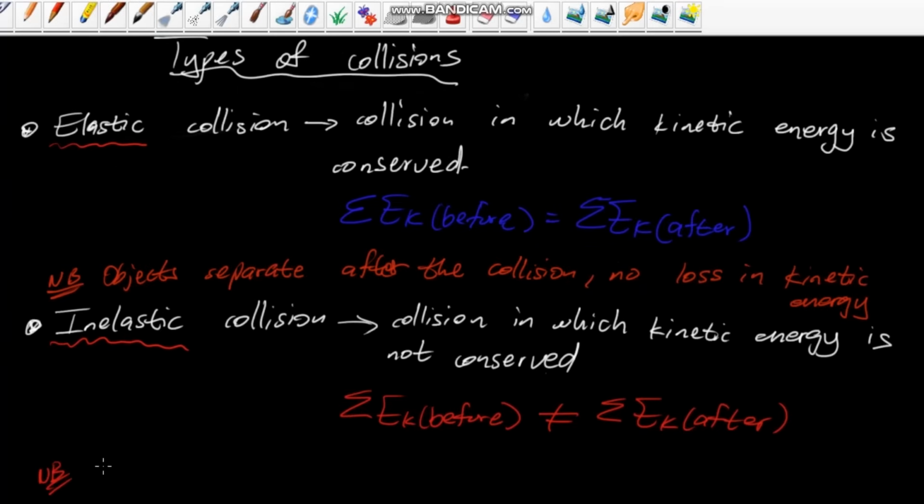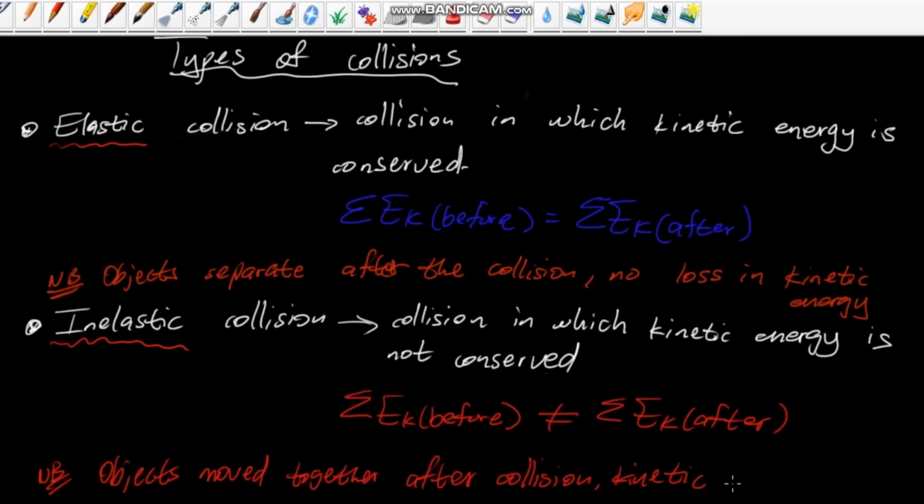Ihinti leyo ukuthi ama objects moved together after the collision, and then kinetic energy is lost, noma there's loss in kinetic energy. I hope niyayithola leyo nto.